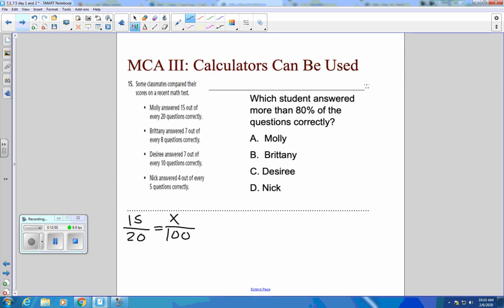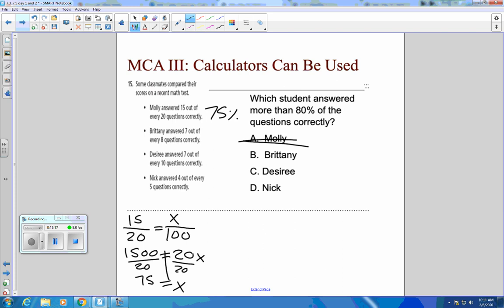So you take 15 times 100, which is 1,500, equals 20 times x, which is 20x. Divide both by 20. And we get 75 equals x. So Molly was 75%. So we know it's not Molly. Molly did not get more than 80%.